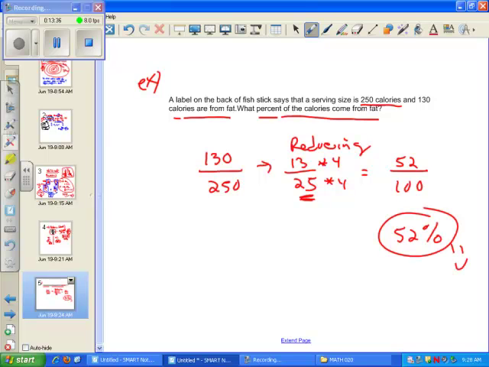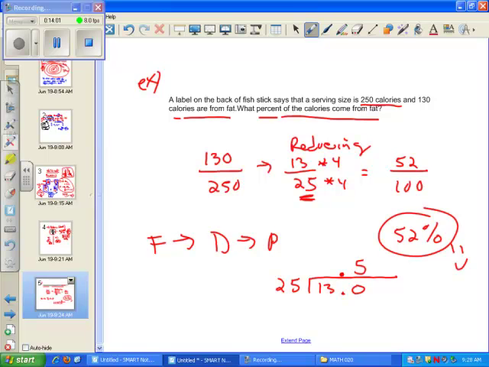Now, what if you wanted to go what I like to call FDP, from fraction to decimal to percent? Then what would you have to do? Yeah, divide 13 by 25 and multiply by 100. Right, very good. So you physically take 25 into 13.0, and if it's been a while since you've done that, what do you do with that decimal? Line it up.